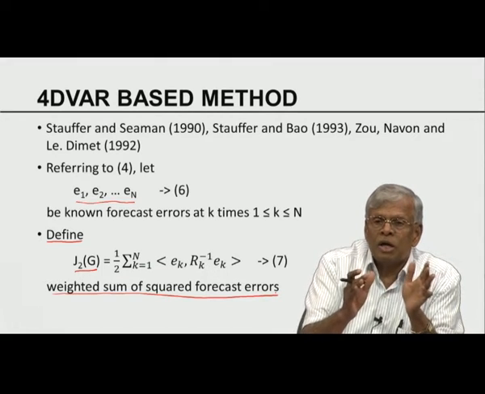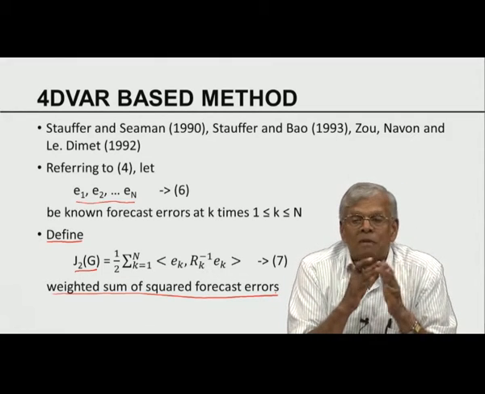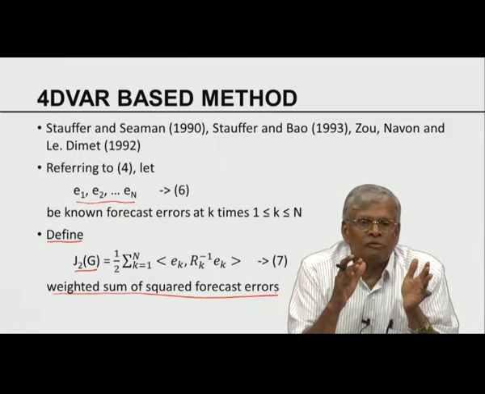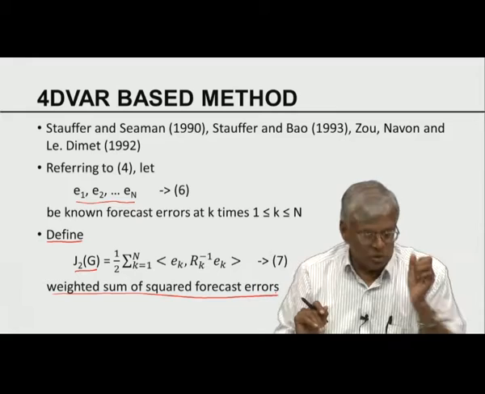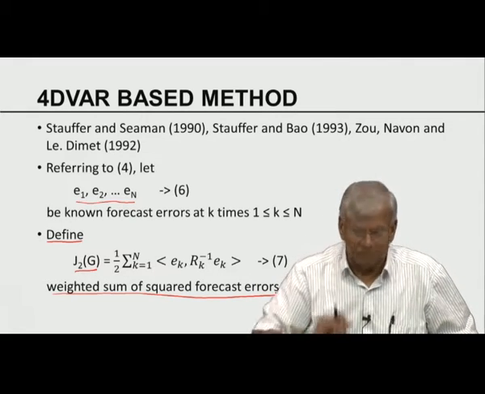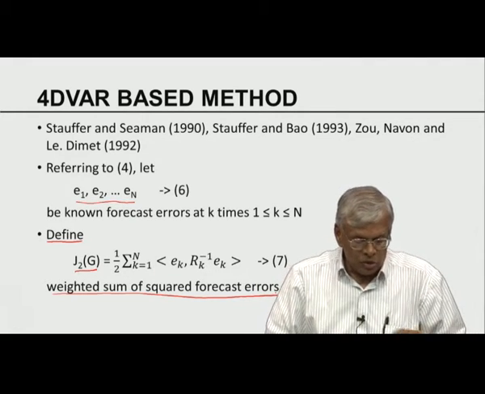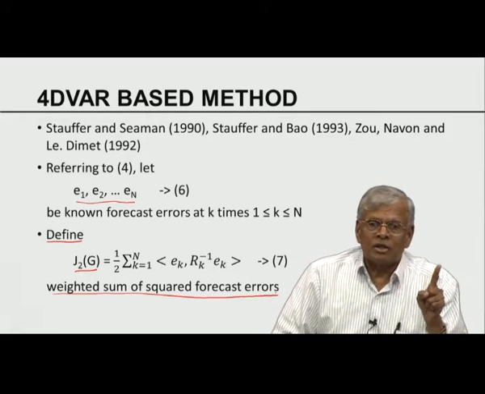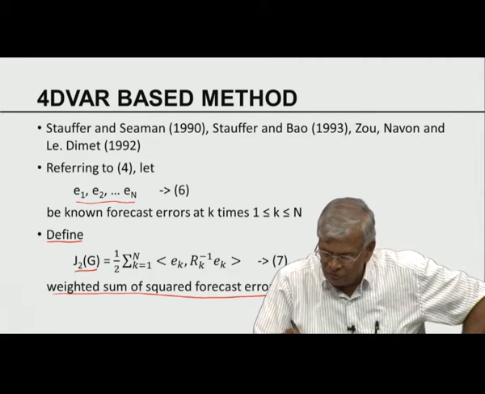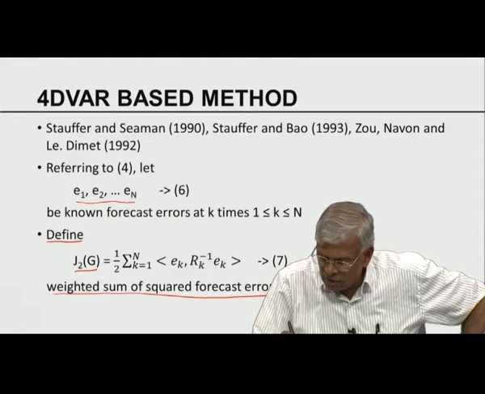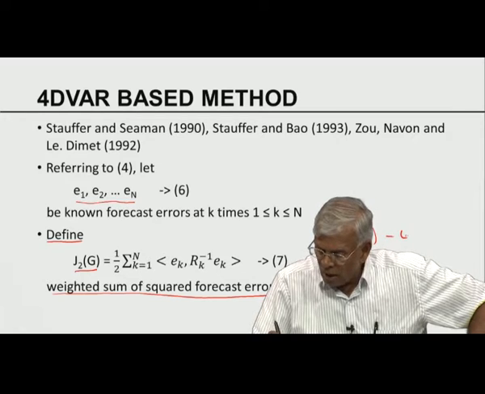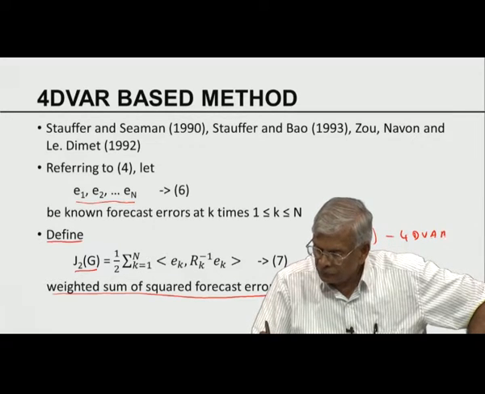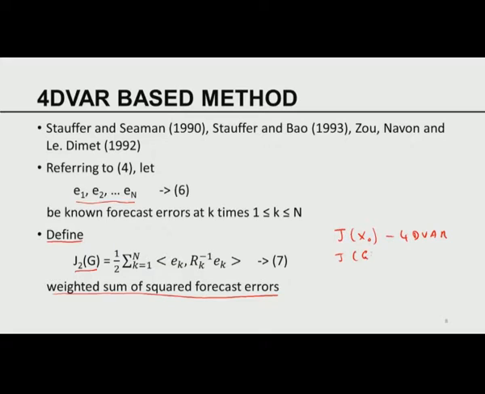So they were able to understand that I may not be able to correct some of the initial forecast errors, but in time the future errors may go to 0 or may become very small. That is the idea. So you can see in the 4D-Var the J2 function was, if you recall, a function we called J of x0. That is in 4D-Var. In here we are calling it J of G in nudging.